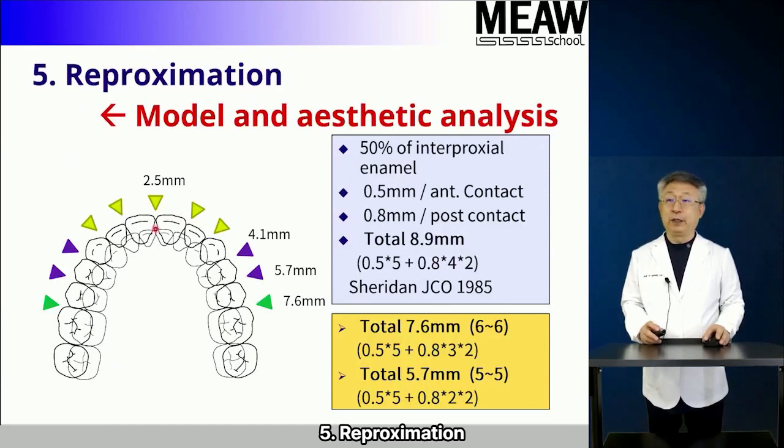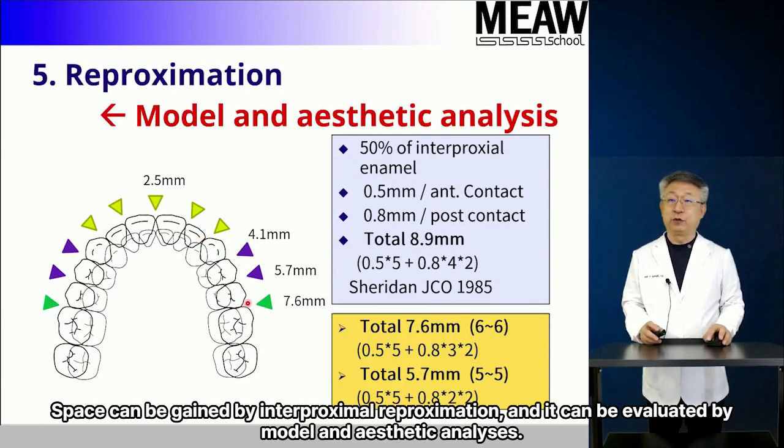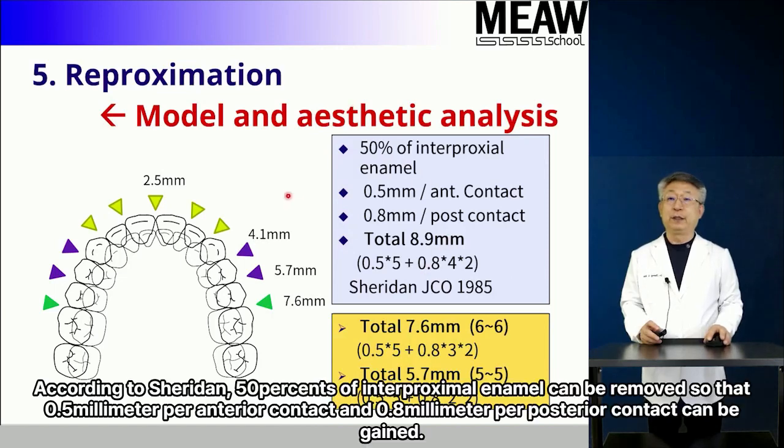5. Reproximation. Space can be gained by interproximal reproximation, and it can be evaluated by model and aesthetic analysis. According to Sheridan, 50% of interproximal enamel can be removed so that 0.5 mm per anterior contact and 0.8 mm per posterior contact can be gained.